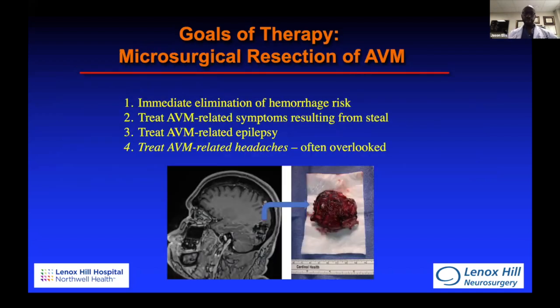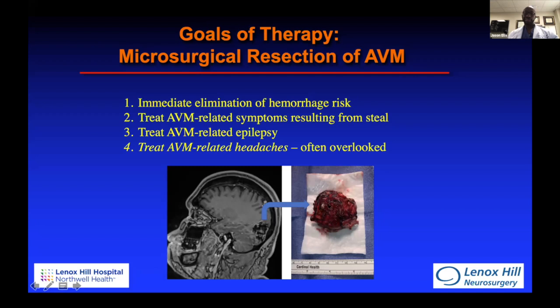So in terms of microsurgery, you can certainly get immediate elimination of or reduction in the hemorrhage risk by removing the AVM. As you can see in the picture here, this was an occipital arteriovenous malformation that was surgically removed. This is a gross specimen here.